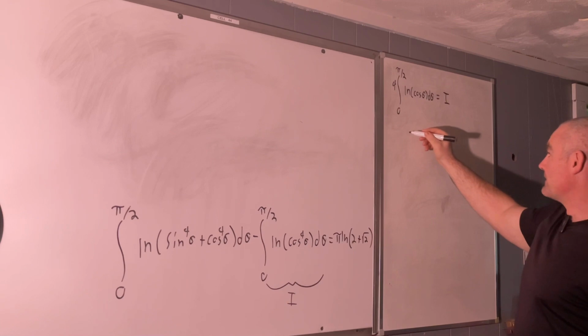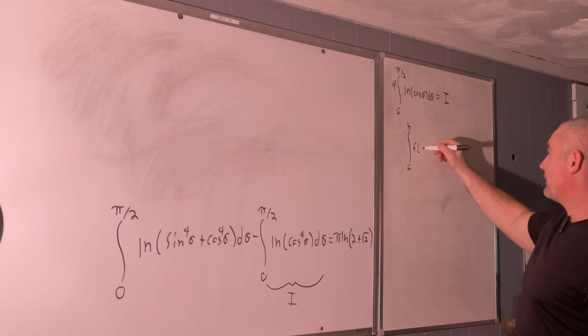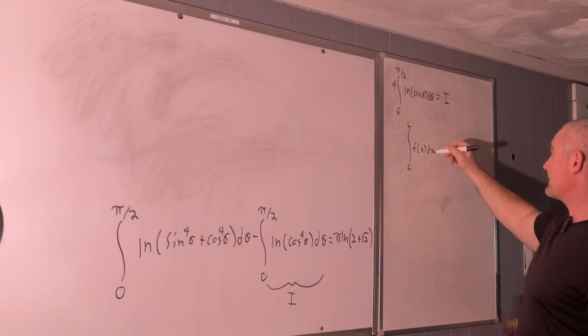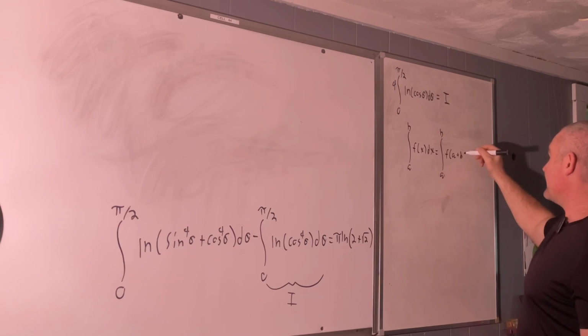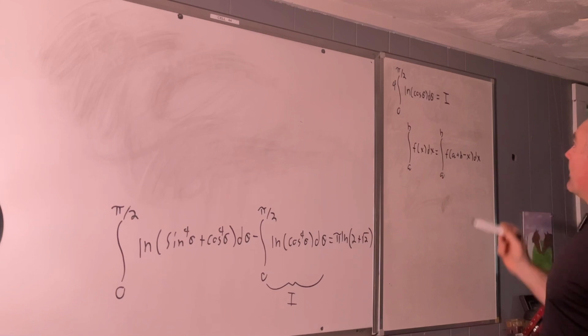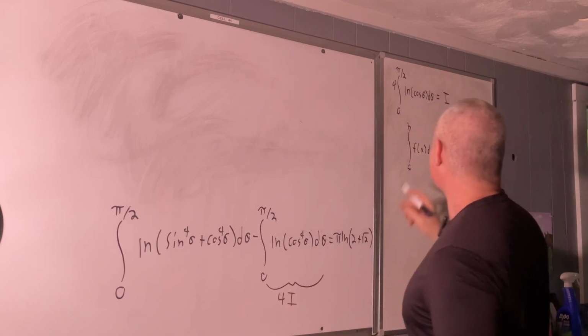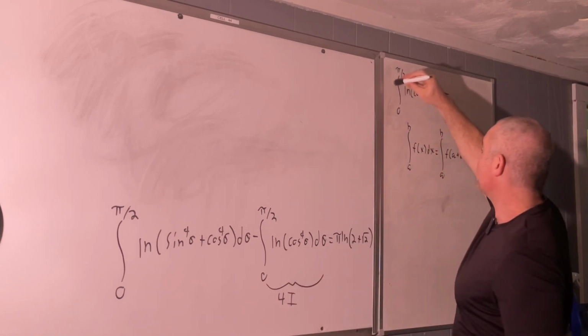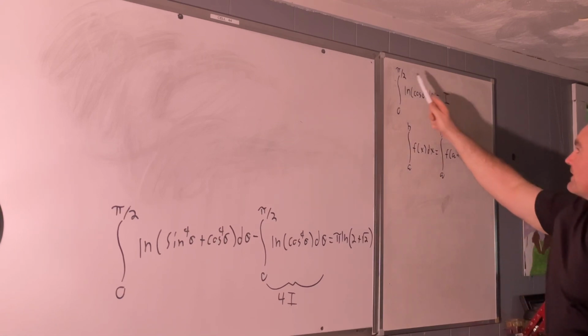Remember King's property, it says that the integral from a to b of f of x dx is equal to the integral from a to b of f of a plus b minus x dx. Actually, let's call this 4I, and we'll just make I equal to this. There, that'll be easier.